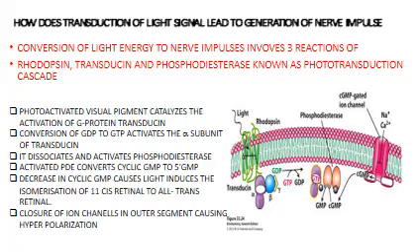Now, when rhodopsin is photoactivated, it catalyzes the activation of transducin, which is a G protein. This activated transducin then converts GDP to GTP, and this activates the alpha subunit of transducin.